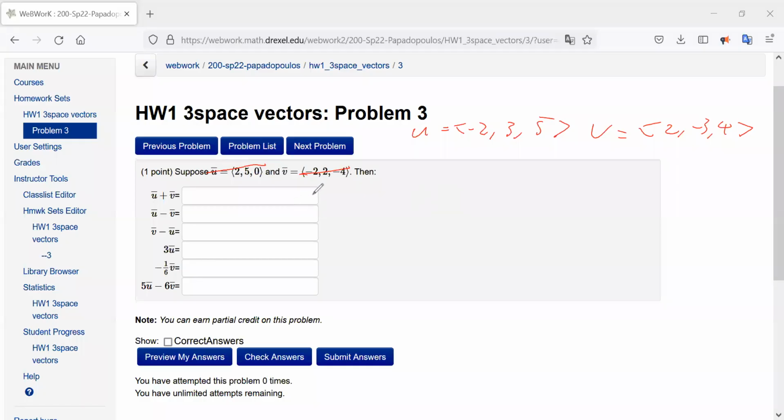Okay, so again, changing our values. So I'm going to do our u and our v are defined up here, not the ones that are here. So u plus v is just, I add them component-wise. So I have negative 2 plus 2.